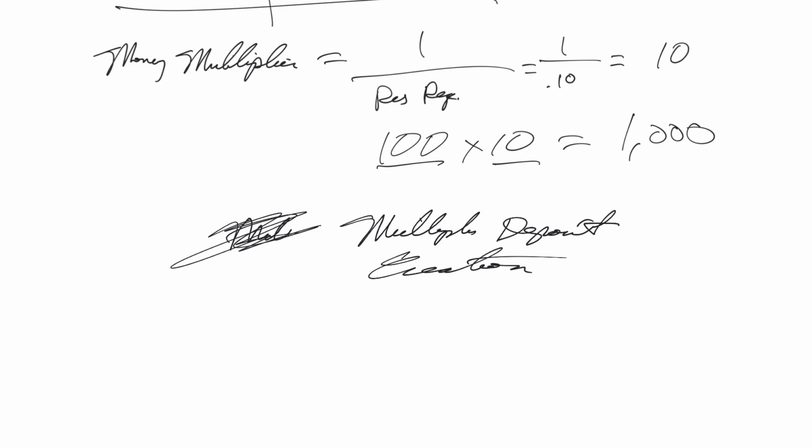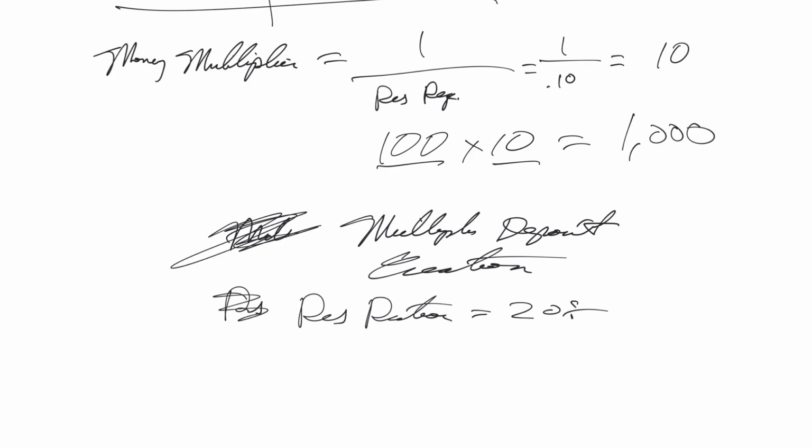Now, what if the reserve ratio equals 20%? What would happen to the money supply? Well, let's first look at what will happen to the multiplier.